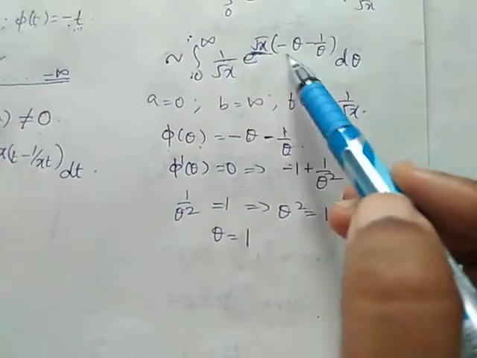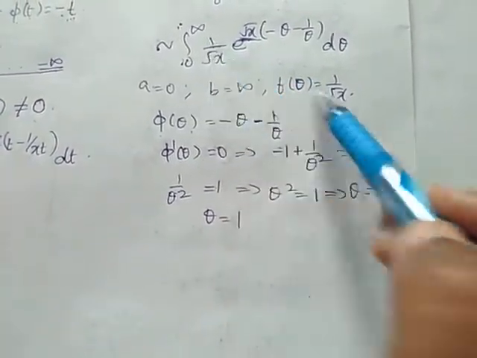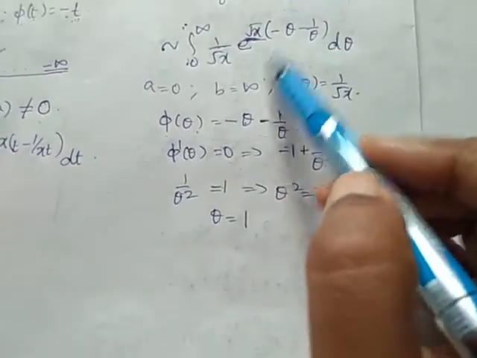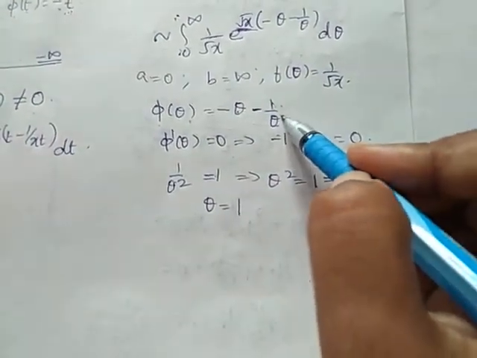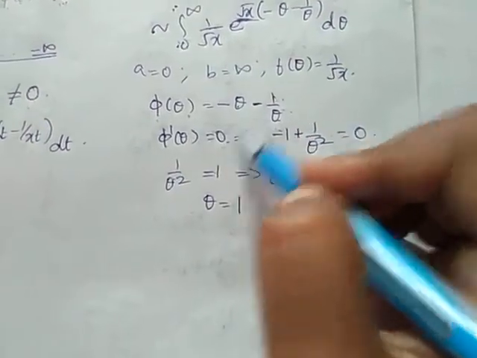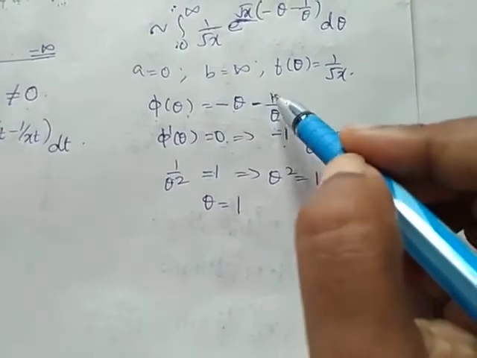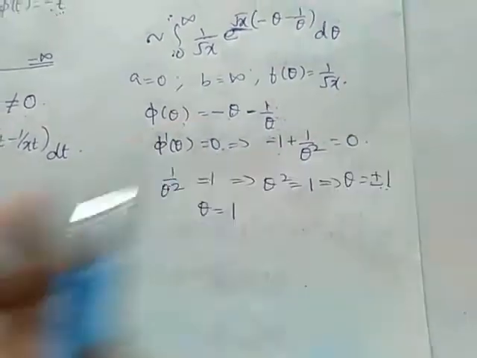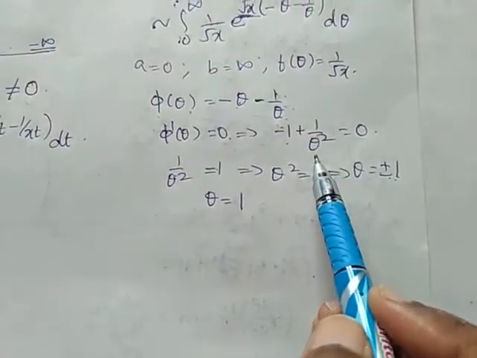I repeat. Here a is 0, b is infinity, f of theta is 1 by root x, phi of theta is minus theta minus 1 by theta. To find the maximum value, phi dash of theta should be 0. Differentiation of minus theta is minus 1. Differentiation of minus 1 by theta is plus 1 by theta square.